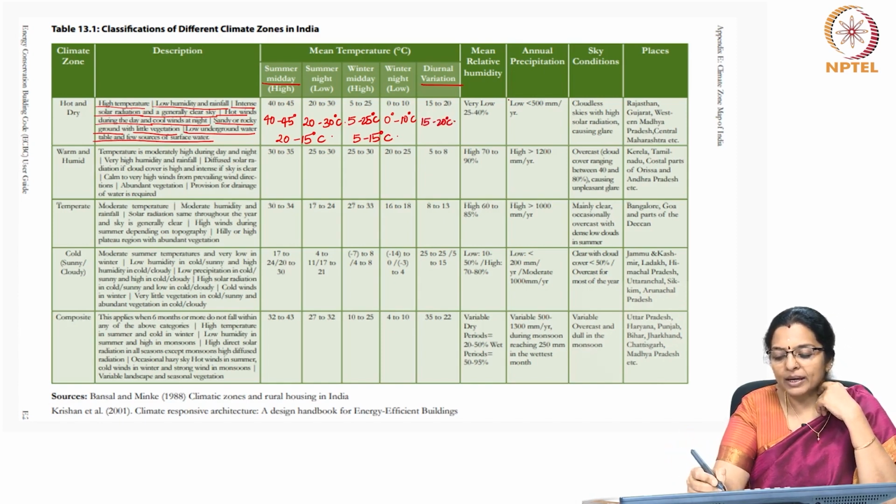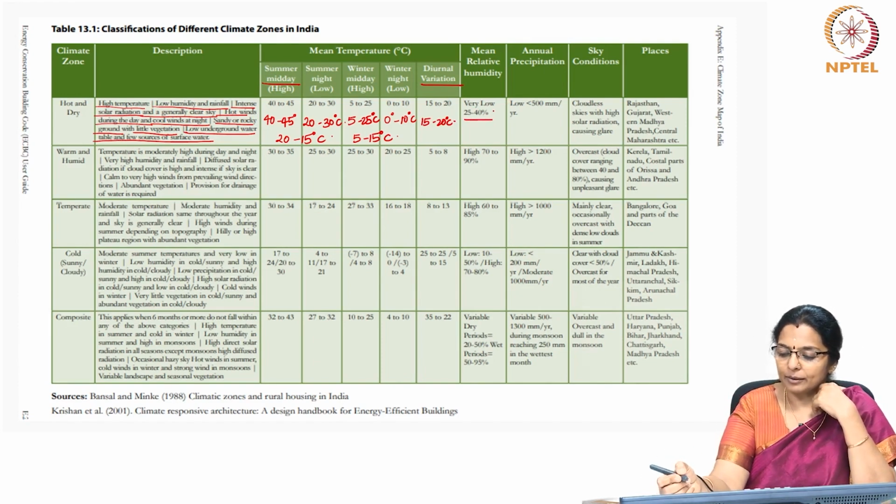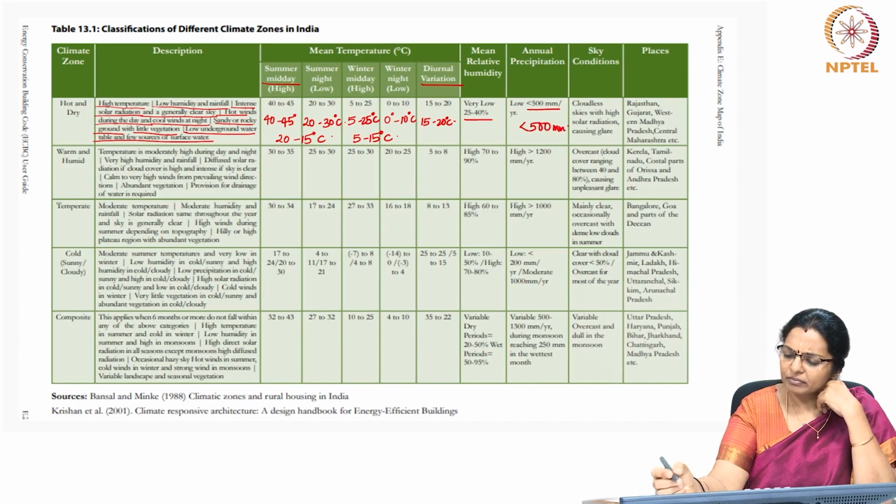If we look at the mean relative humidity, it is very low. It is between 25 to 40%. Annual precipitation is less than 500 mm, making these places extremely hit by water scarcity.